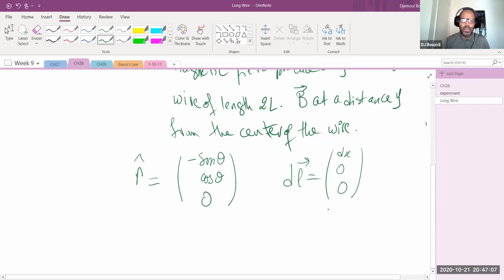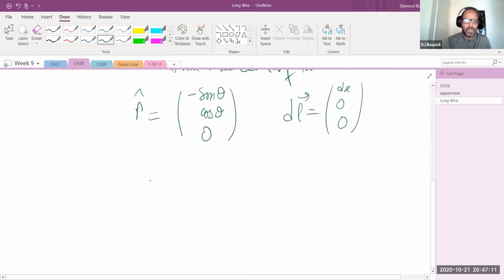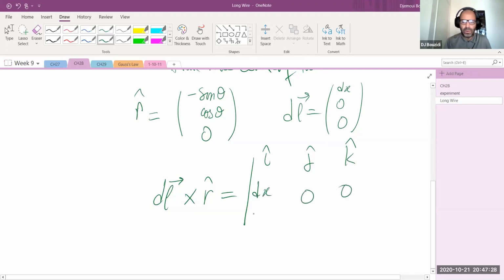I need to form this cross product, and I know you told me that you did the matrix representation. So dl crossed with r hat gives me the determinant i, j, k. The components of the first vector are dx, 0 and 0. The components of the second vector are minus sine theta, cosine theta, and 0.